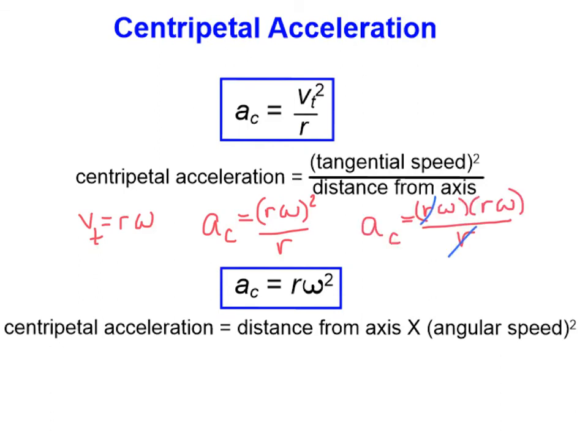The r's cancel, and we end up with centripetal acceleration equals r times omega squared, which is right here. So we can use either of these for centripetal acceleration, this being the angular speed squared, r being the distance from the axis, and a sub c is centripetal acceleration.